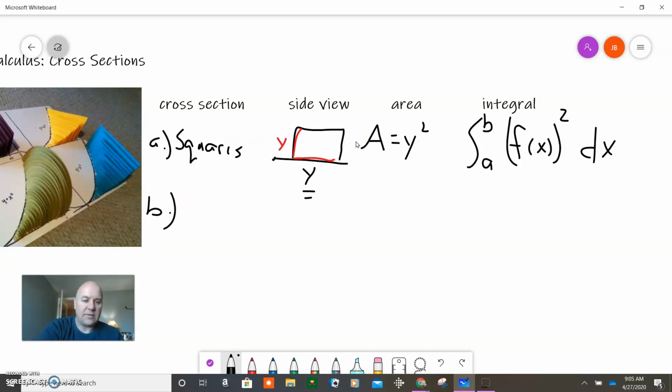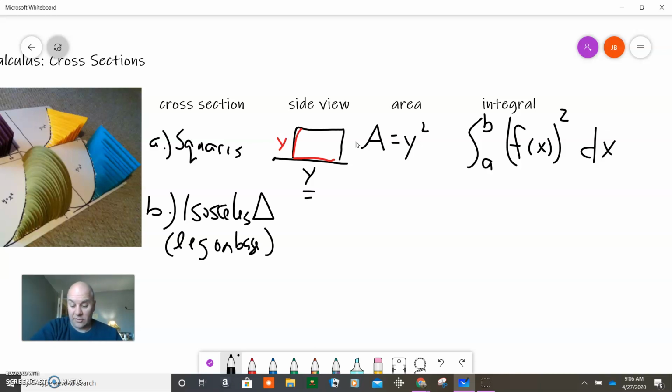I'm going to do an isosceles triangle, so I'm going to write that out. But it's key that you understand that the leg is on the base. And real quick, I should say that this is a right isosceles triangle.